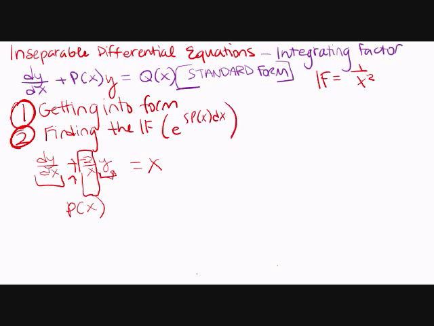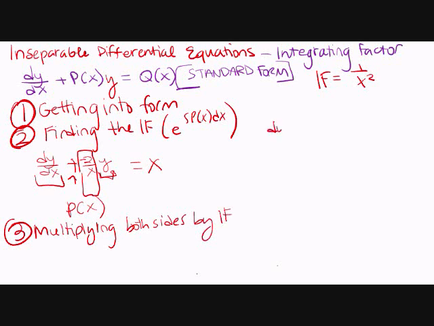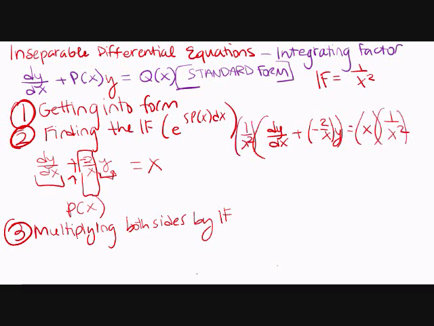And then our third step is going to be multiplying both sides by the integrating factor. So that means we will have dy over dx plus -2 over x times y equals x, times 1 over x squared. That's what we're multiplying it by, because that is the good old integrating factor.